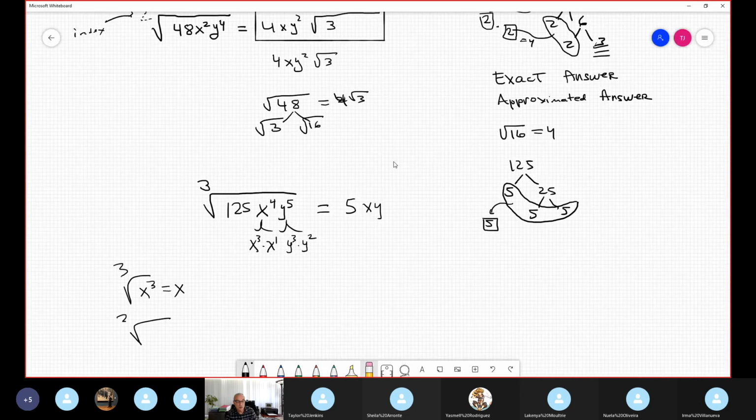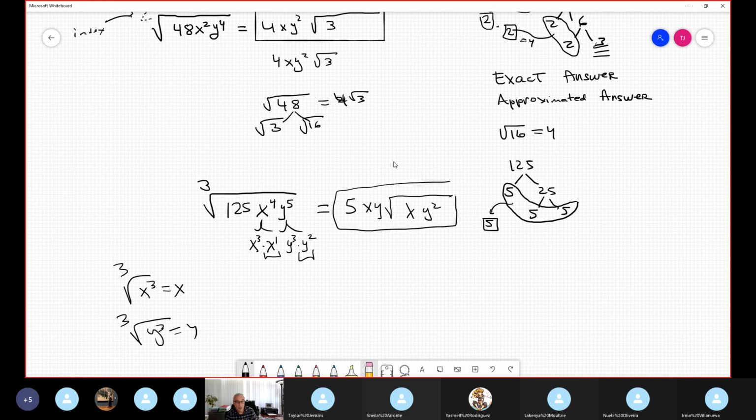And likewise, the cubic root of y to the cubic power is y. And I stay inside 1 x and 2 y. Clear or confused? Okay, don't worry. We'll practice this in detail next time.